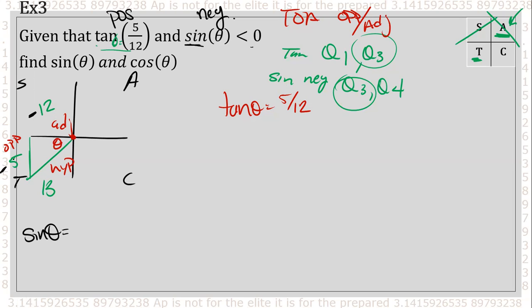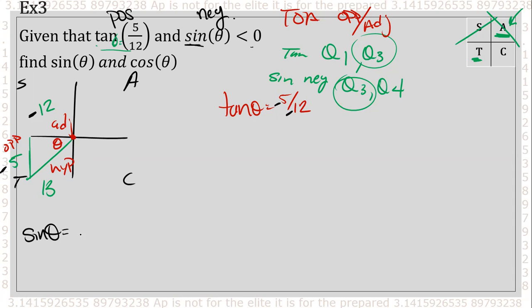The reason is that the x is to the left, so it's negative 12. So this is negative 5 over negative 12, which gives me 5 over 12. Good thing I caught it right now. That does not affect the 13, because even if you were to square it, you still get the 13 positive.